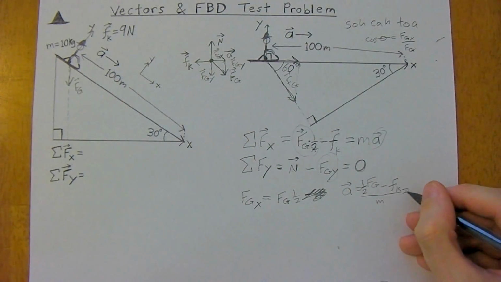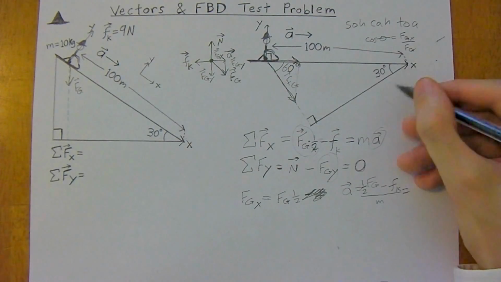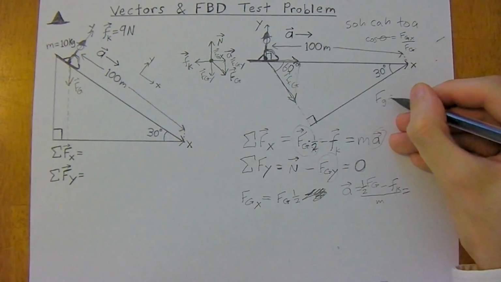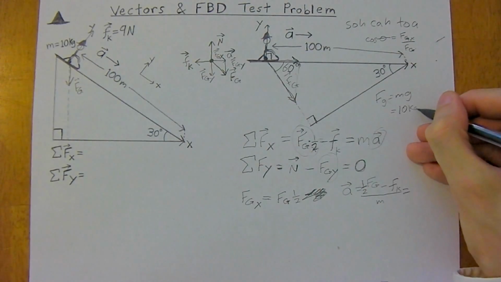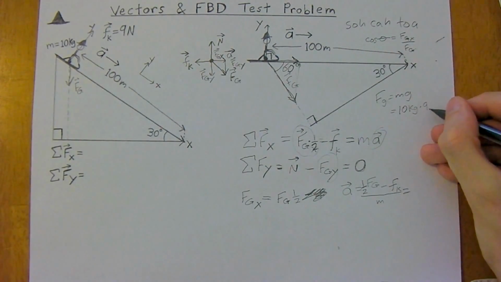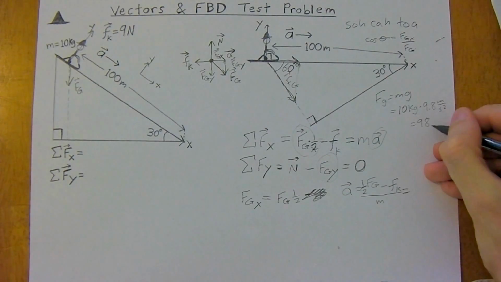And this is equal to, well, the force of gravity is mg. We know the mass is 10 kilograms, and we know g is 9.8 meters per second squared, so it's equal to 98 newtons.